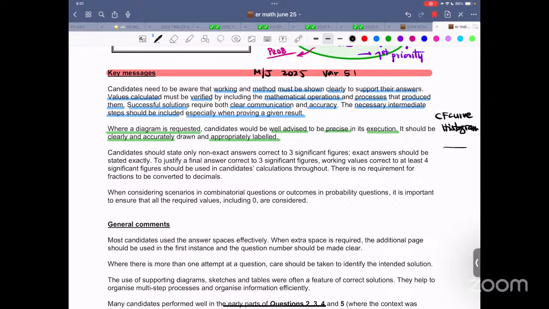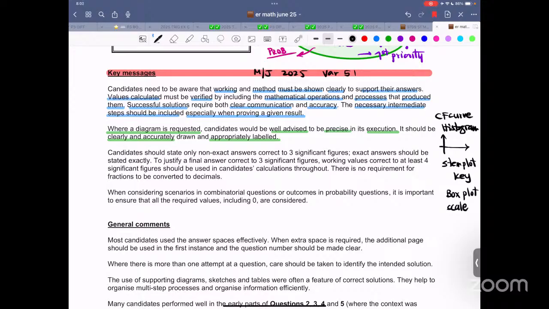Then what goes on the x-axis, what goes on the y-axis, should be clearly labeled. Maybe we are drawing a stem plot, then a key is necessary. Maybe we are drawing a box plot, then a scale is a must.